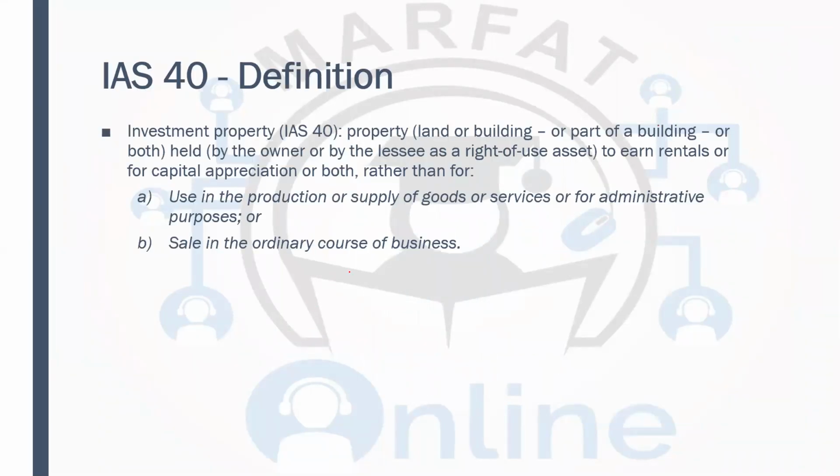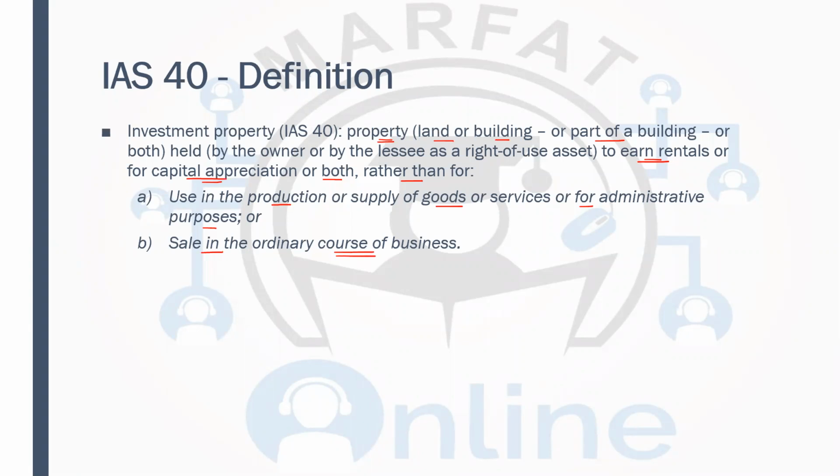First of all, we will be looking at the classification criteria of IAS 40, which says that investment property is the property, first of all, land or building, or a part of a building, or both, which is held for capital appreciation or to earn rentals or both, rather than for use in the production or supply of goods or services or for administrative purposes, and sale in the ordinary course of business.